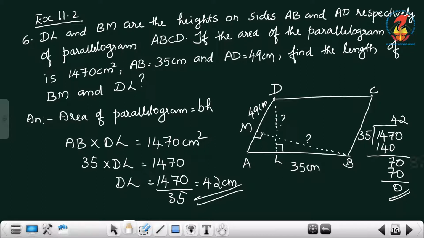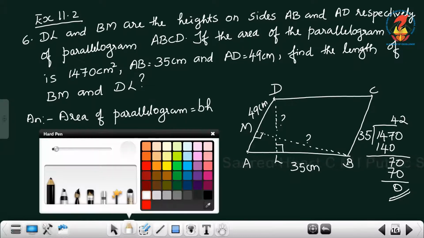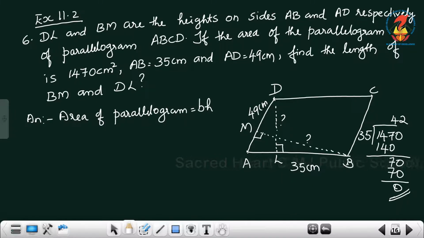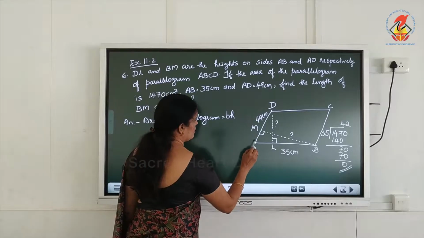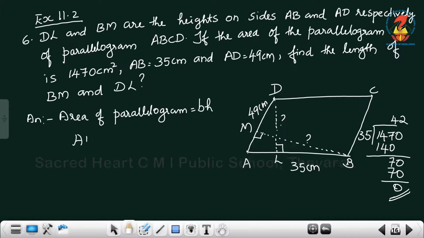Okay, next we have to calculate BM. Area of the parallelogram, the same area, equal to base into height. But now AD as a base, BM height. AD into BM equal to the same area, 1470 centimeter square.